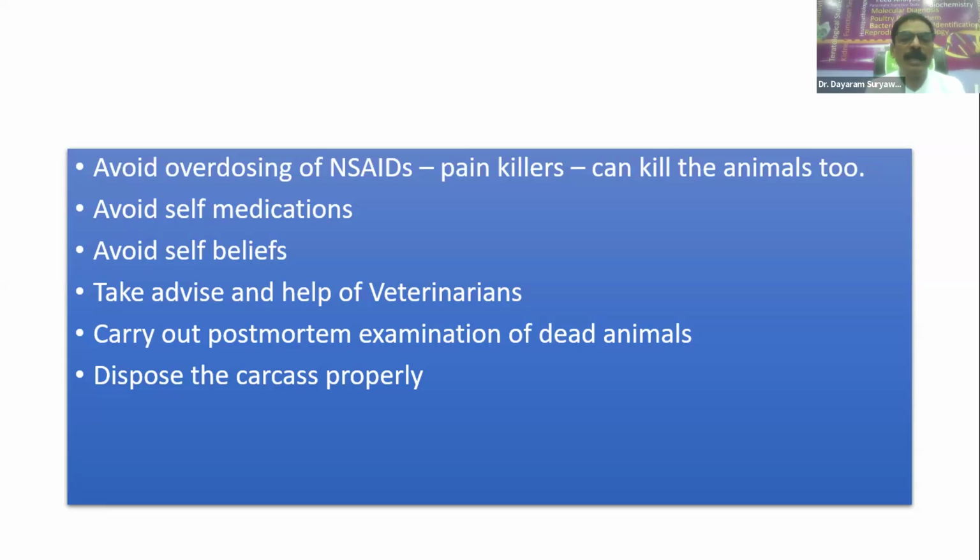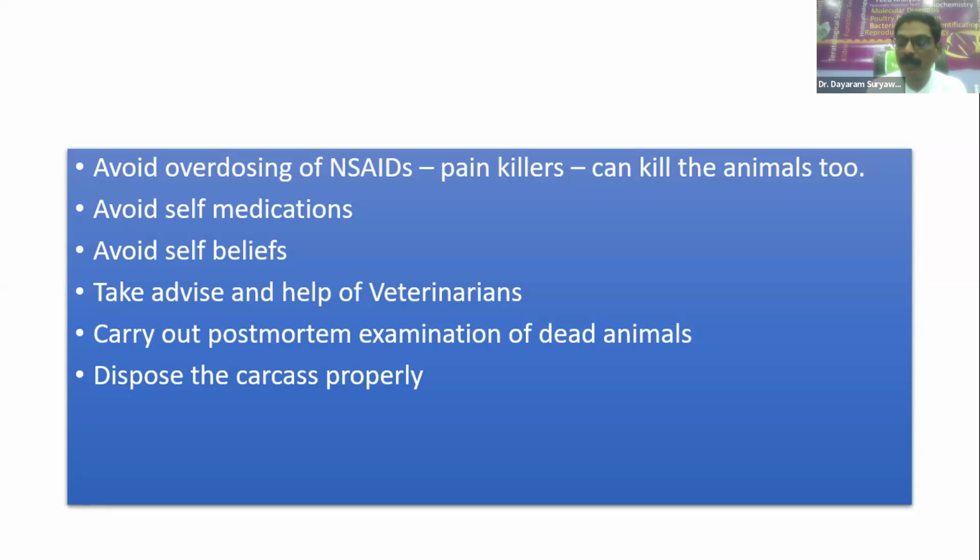Take advice and help of the veterinarian. We should educate the farmers for these things. They should come to us, and whatever has to be carried out during outbreaks, we should teach them accordingly. Carry out postmortem examination of the dead animals.